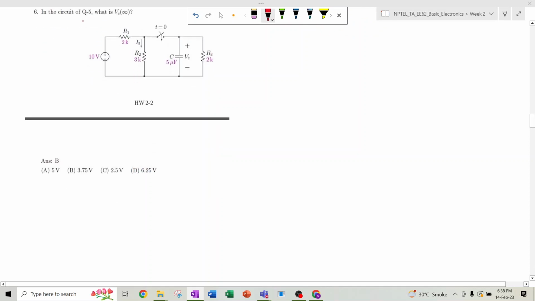So in the circuit of question 5, the same circuit, what is the value of the capacitor voltage at time t equal to infinity? Now at t equal to 0 minus, that means initially when it is not closed, it is open, then the voltage across the capacitor is 0.